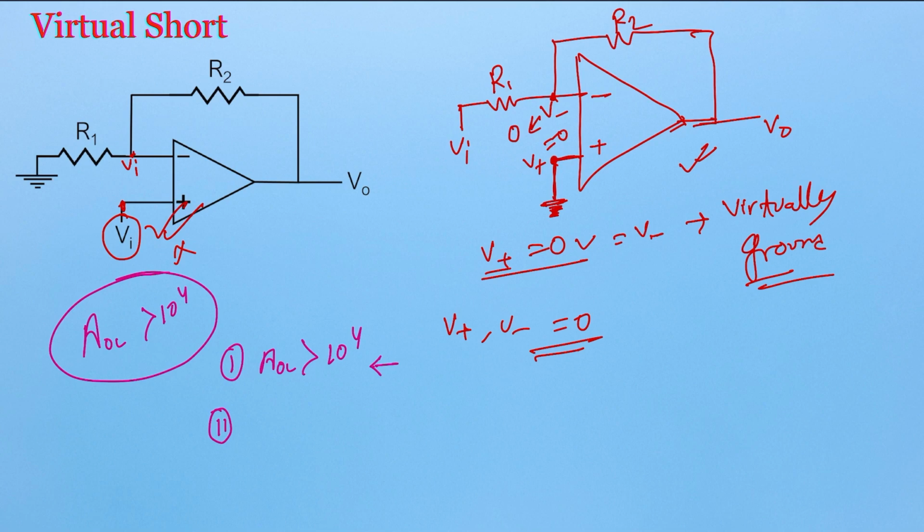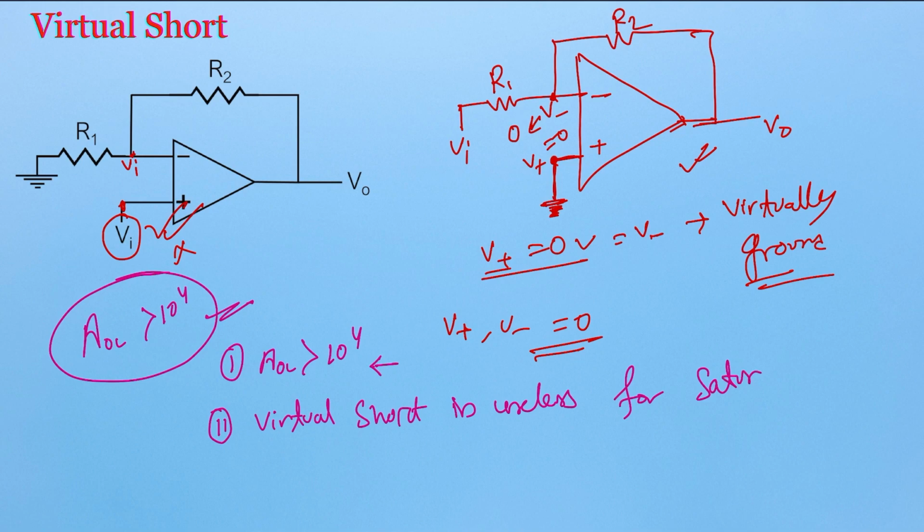The second one is, if our op amp works in the active region, then only the virtual short will work, right? That means virtual short is useless for the saturation region. If the op amp works in the saturation region, at that time we cannot use the virtual short.